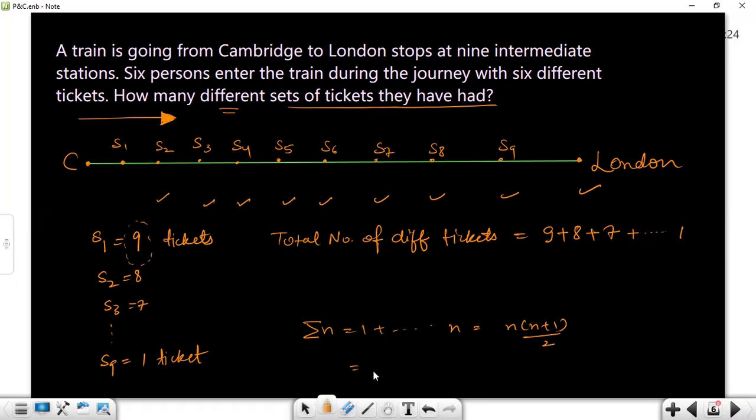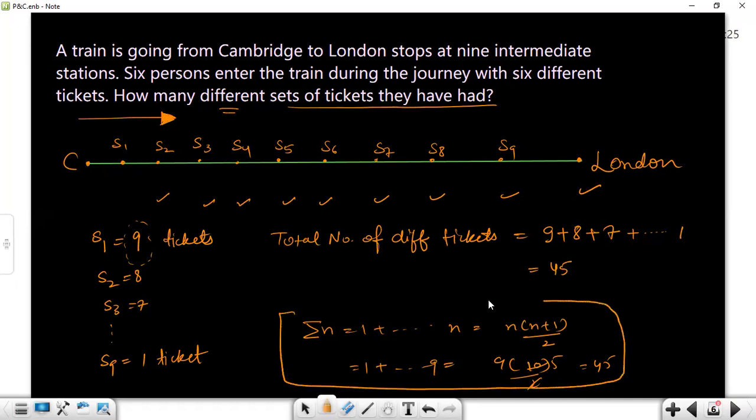Now here we are finding the sum till 9. 9 into 9 plus 1, that is 10, by 2, that is 45. Is that clear, everyone? How we have applied this formula? This will come out as 45. This is the sum of natural numbers starting from 1. Okay. So is that clear till now?